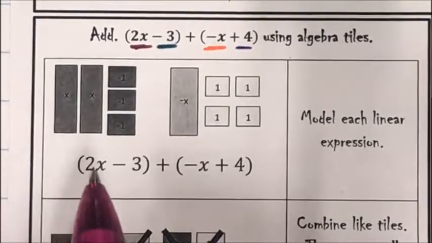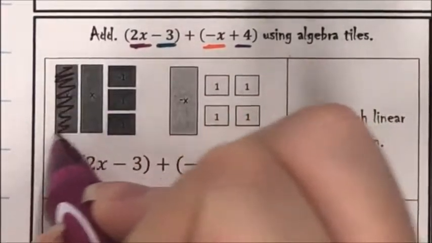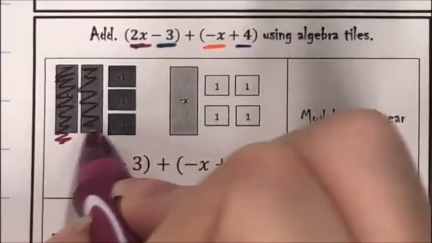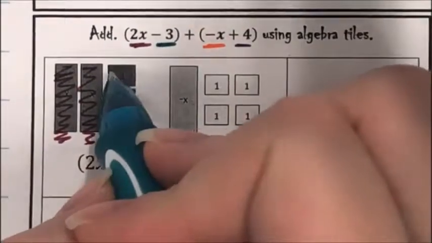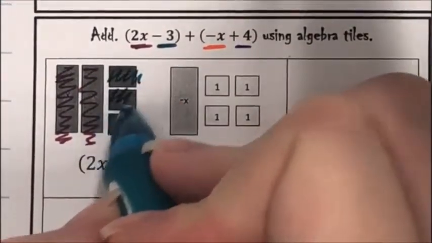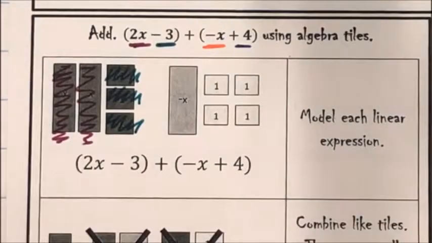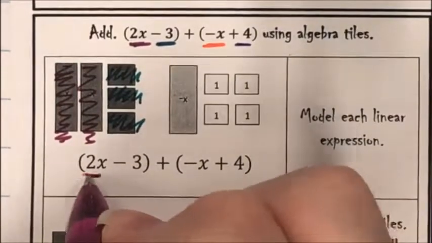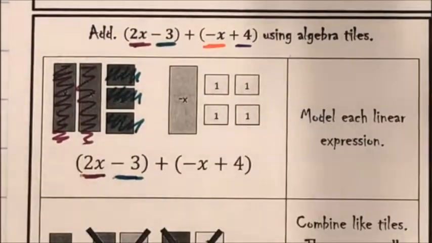When I have a model, I'm going to model 2x minus 3. So I have 2 x's and 3 negative 1's. That's my first model, right? I have 2 x's minus 3.